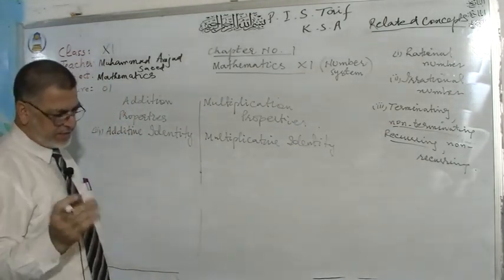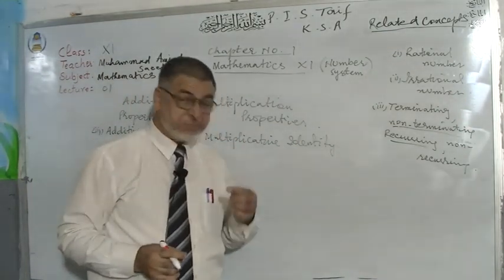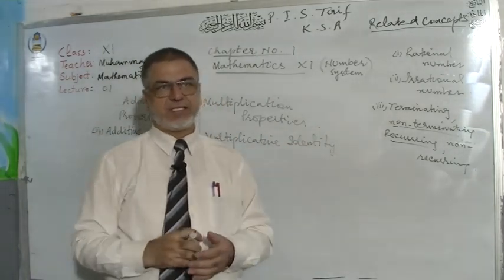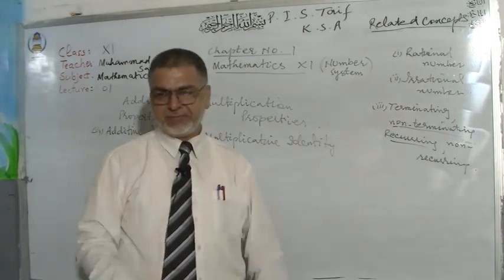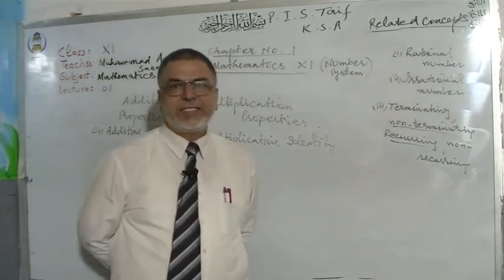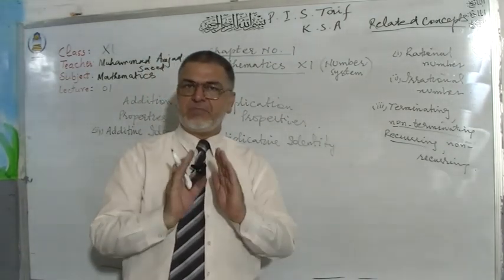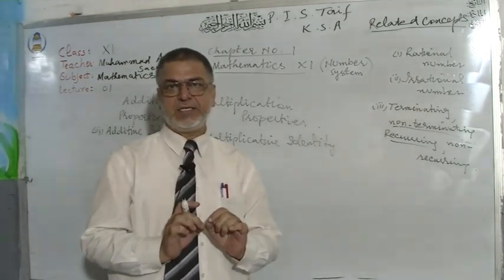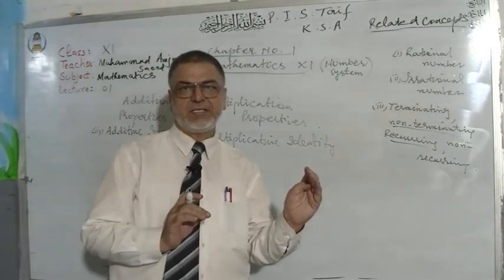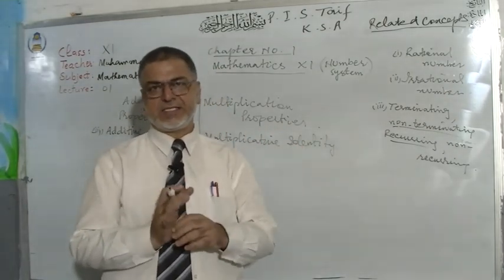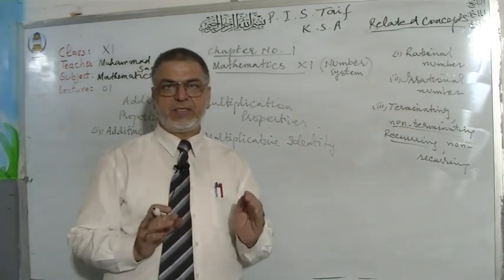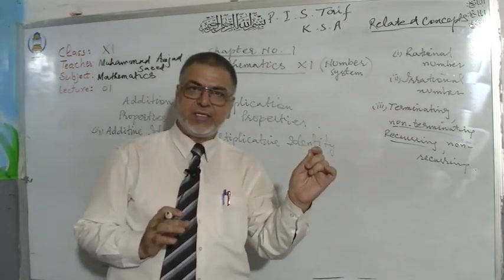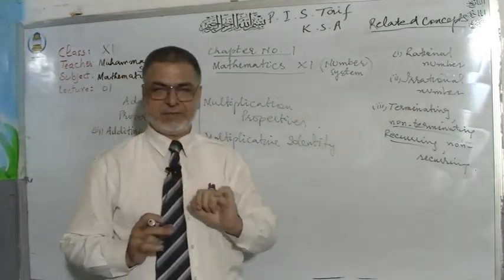What is additive identity? Dear students, you have seen these things already in previous classes, but this is your revision. Additive identity is a number which when added, you will get the number as it is. Whenever a special number is added to A, you will get A again.